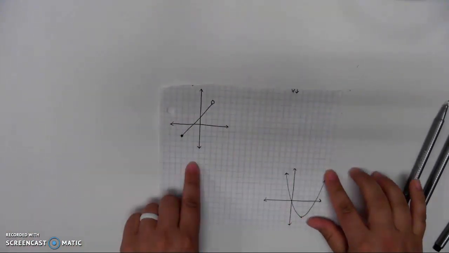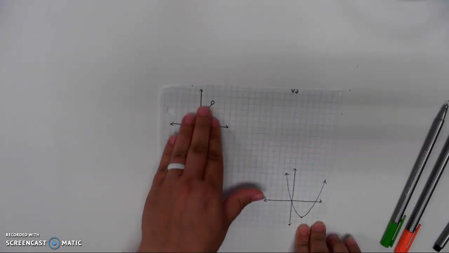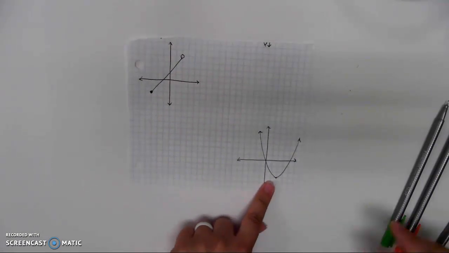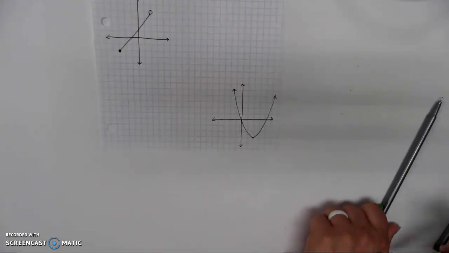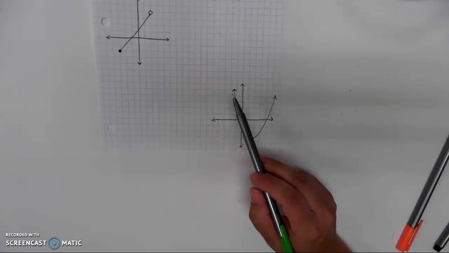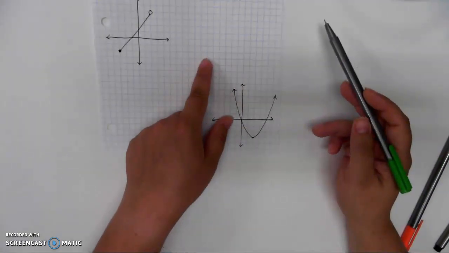So here I have two graphs for us. One is just a line segment with a closed and an open circle. One is a parabola. So we're going to look at the parabola first. Remember, domain is possible values for x. So if I look at this graph, it's got arrows that go up and out, up and out.